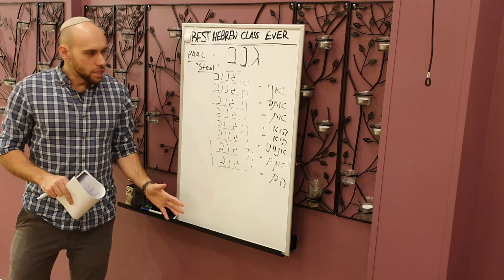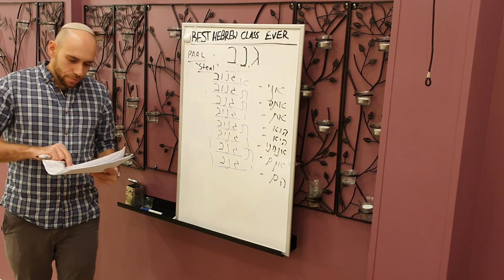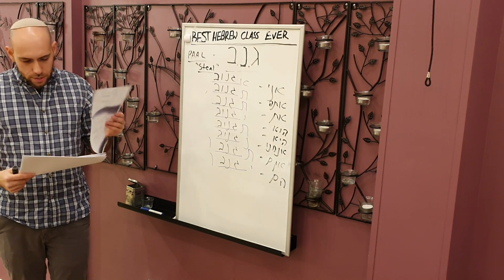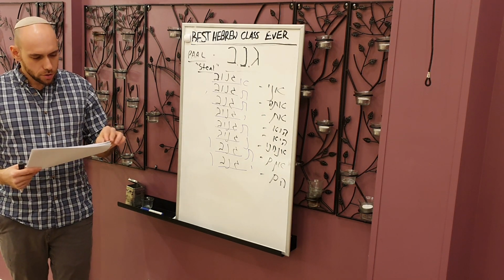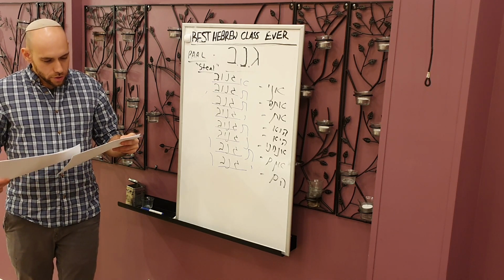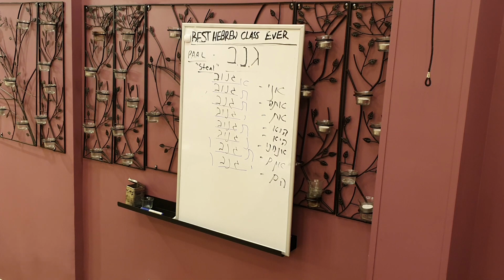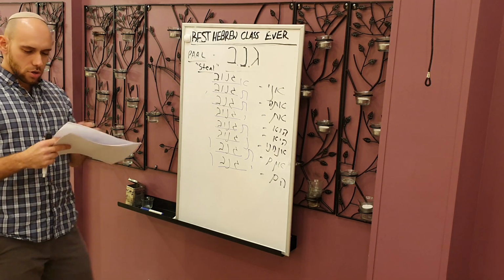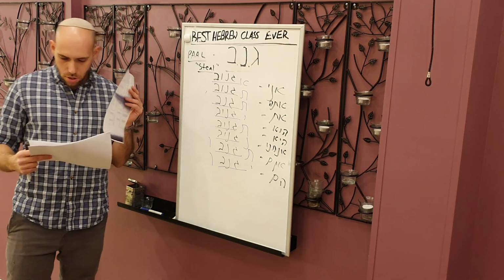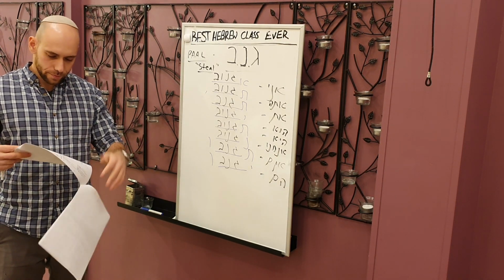Okay, so this is the pa'al form, okay? So let's take a look at another verb that's pa'al. Because I want to show you another example. Let's turn to page number 3.